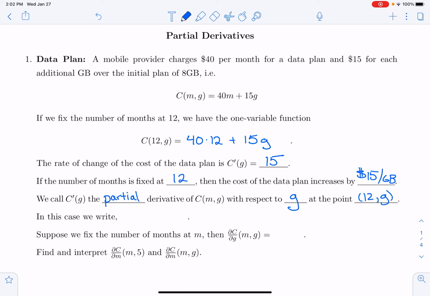It has this script d, and we're going to take the derivative of the function C, and then we're going to have another script d, and then the variable that we want to take the derivative with respect to, in this case, is going to be G. So we'll just say dC dG, but this means a partial derivative. That's a derivative where G is the variable, and in this case, we fix the number of months at 12.